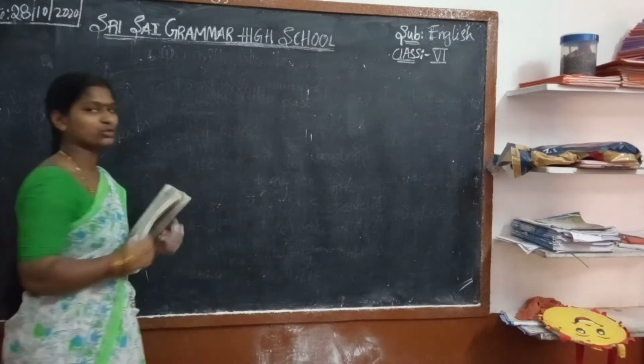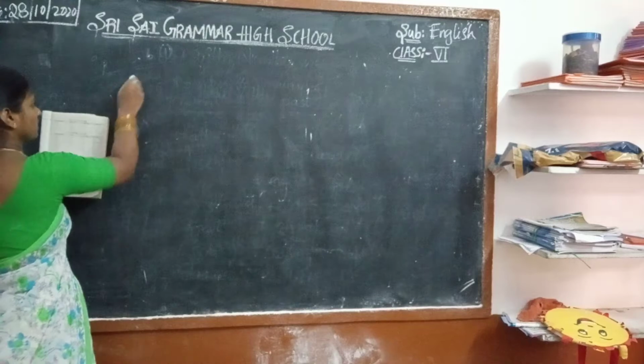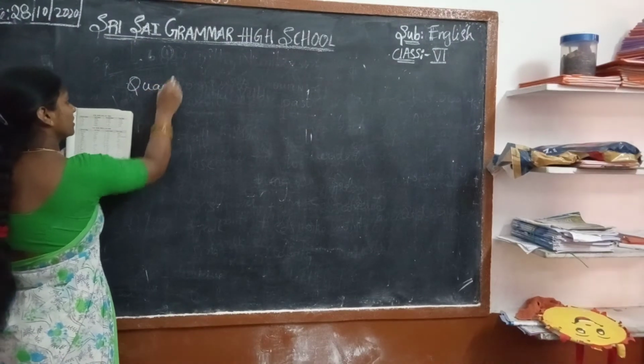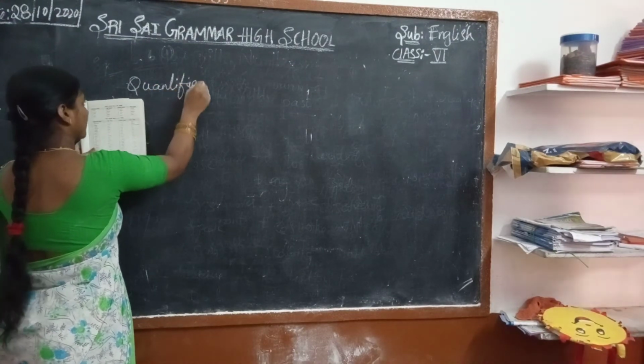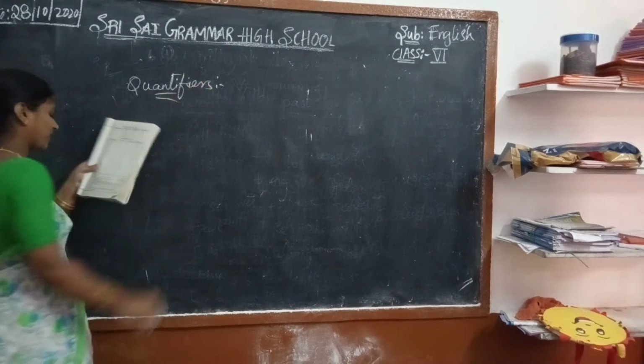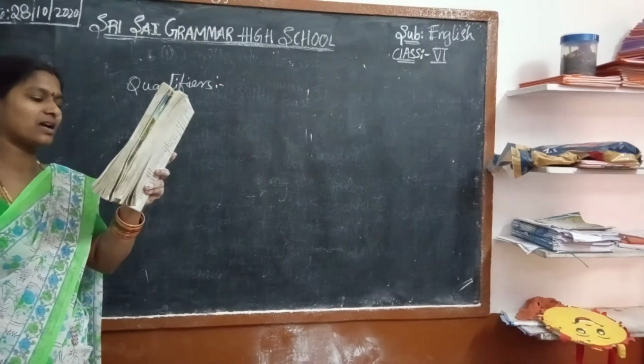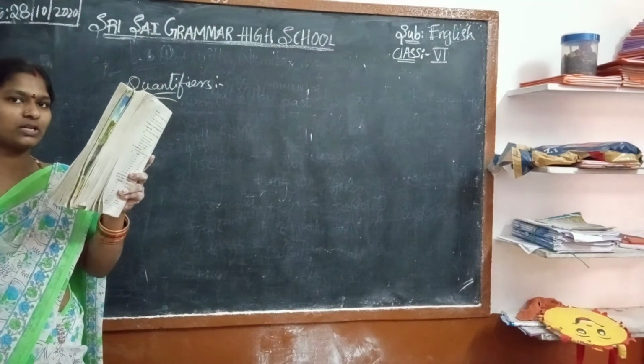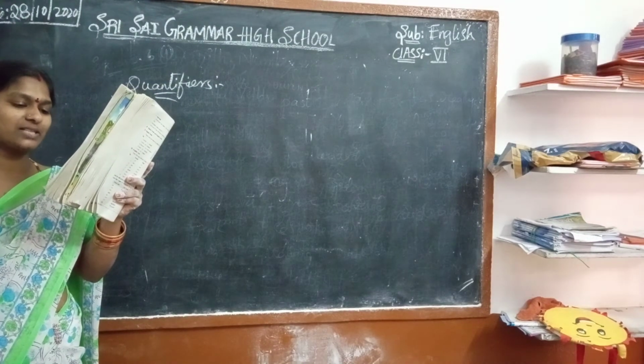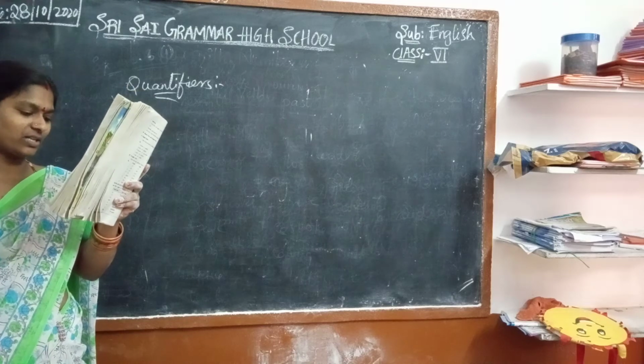We are going to use quantifiers. What are quantifiers? Quantifiers are words that quantify things, but they don't specify the exact number. They are called quantifiers.